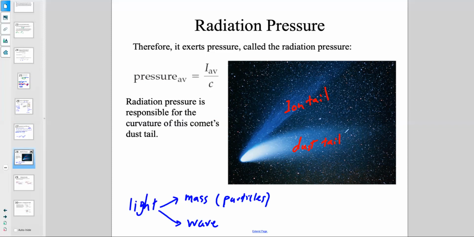So there's a curvature here in the dust tail of the comets. So this is called radiation pressure, and that pressure is I over C, or in other words, the average intensity over the speed of light. So this is also very important. I'll repeat these one more time when we get to the summary of this chapter.